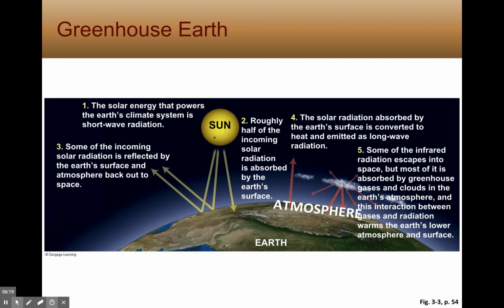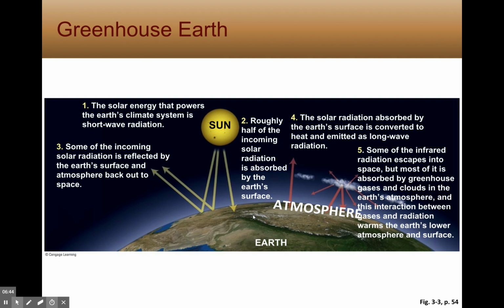All right, so just a quick diagram that's in your book that shows you that greenhouse Earth that we need. So here the solar energy powers the Earth's climate system, shortwave radiation, and roughly half of that incoming solar radiation is absorbed by the Earth's surface, and the other half is reflected back into space.